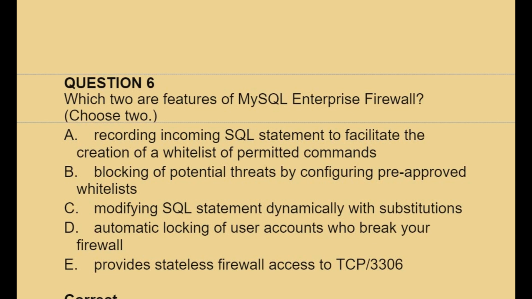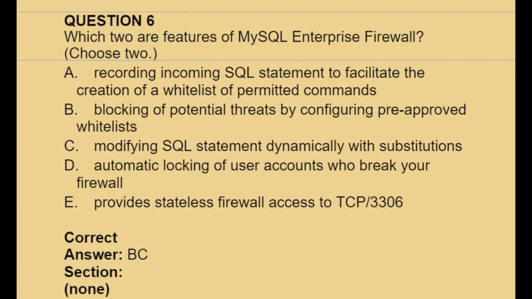Option C, modifying SQL statement dynamically with substitutions. Option D, automatic locking of user accounts who break your firewall. Option E provides stateless firewall access to TCP 3306. Correct answer is option B and option C.